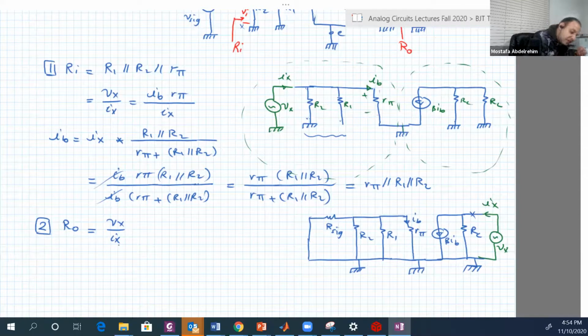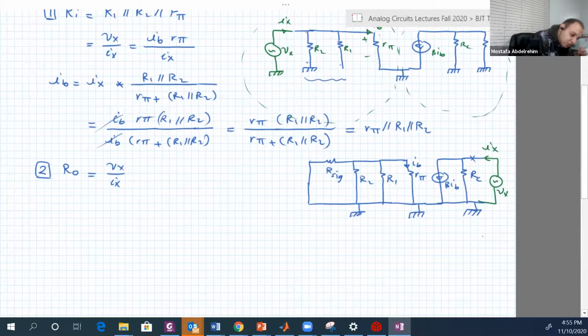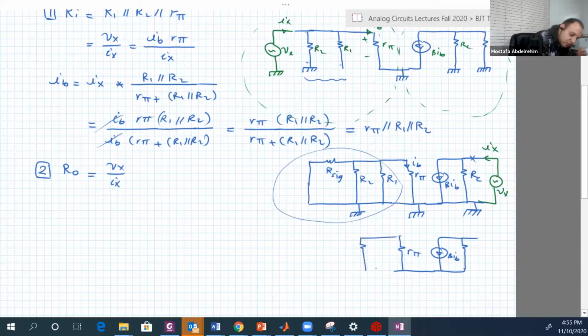So if we look at this circuit, we can draw it this way: RC, beta IB, R-pi, and these resistances are in parallel. So just draw one of them as a combination. Here is R1 parallel R2 parallel R signal, and here is IB. And here is Vx, Ix.